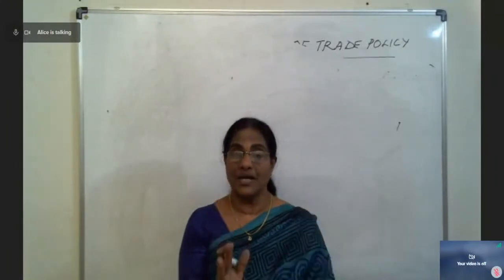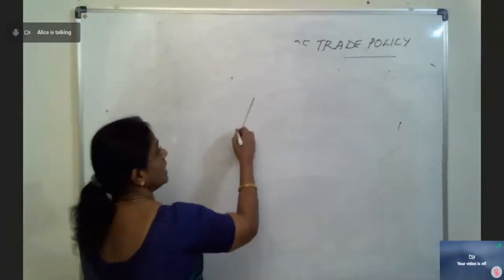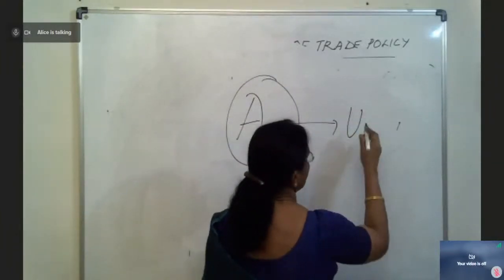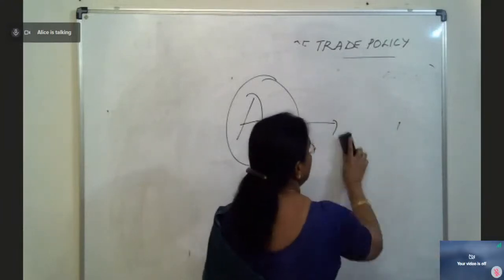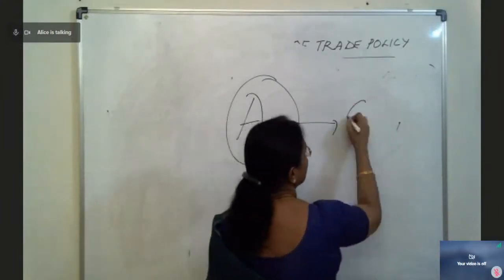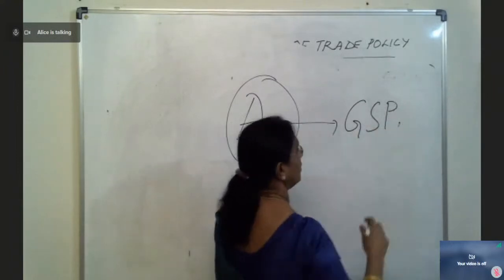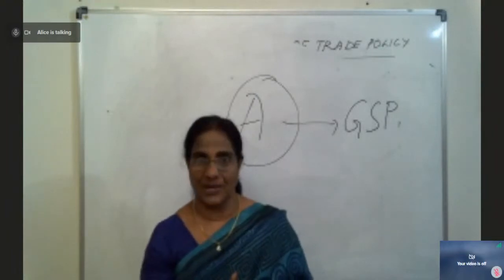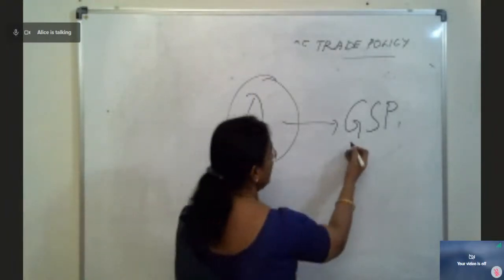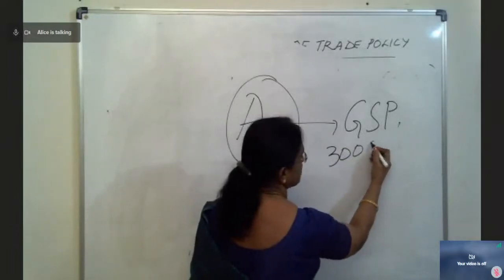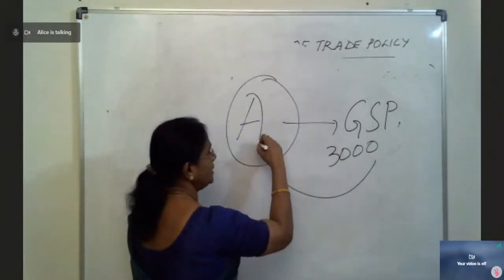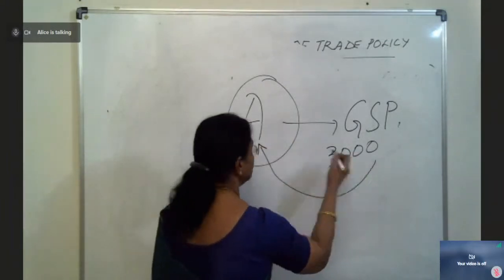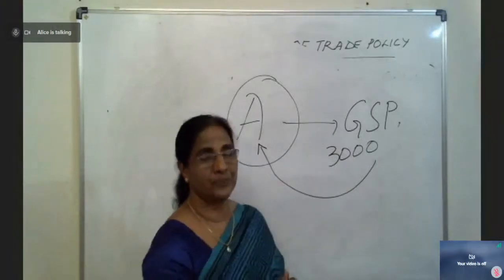We in India are very much used to it because the United States used to give us unilateral preferential treatment, and that is known as Generalized System of Preferences, GSP. That is, nearly 3,000 goods from India would find a market as exports, as the US would import these goods from India.